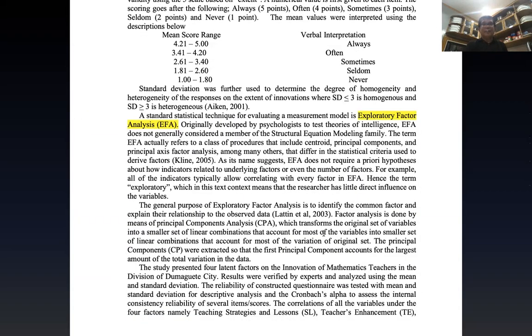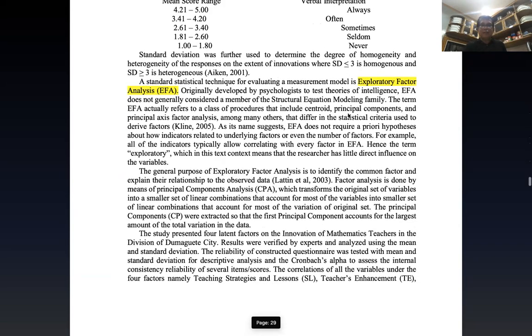What is being used in his thesis is exploratory factor analysis. So it's here, exploratory factor analysis.